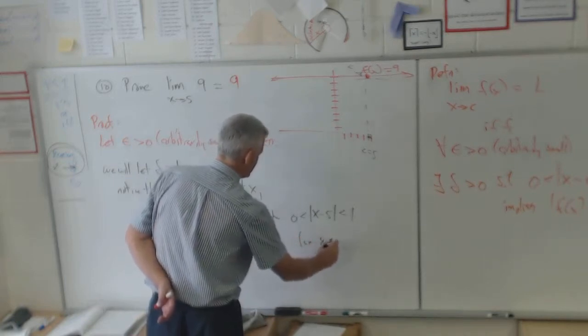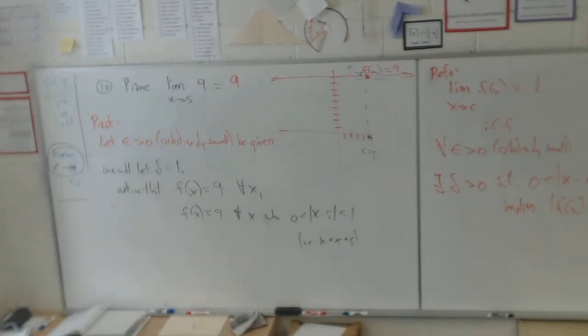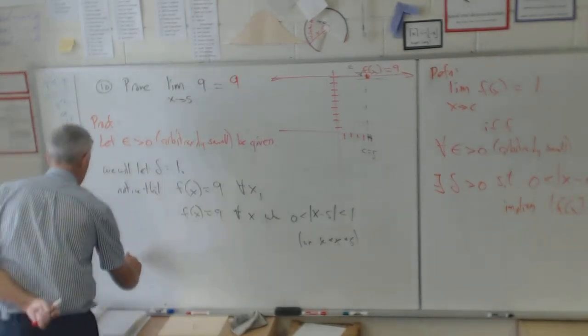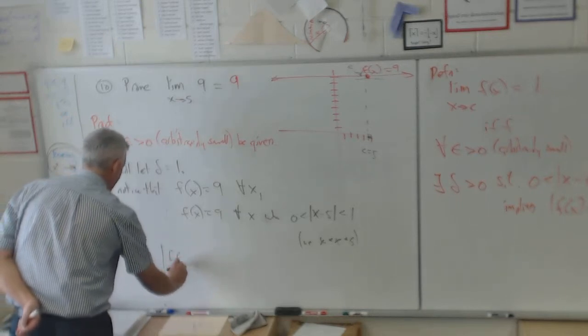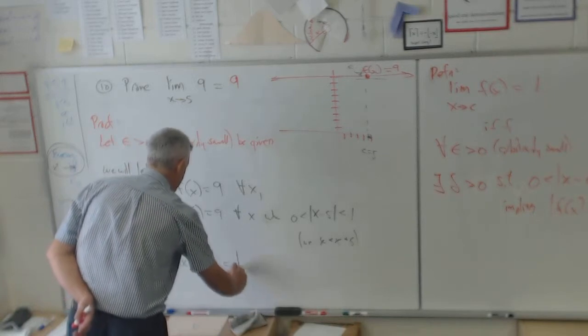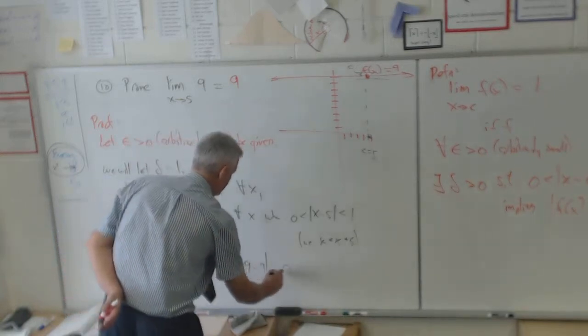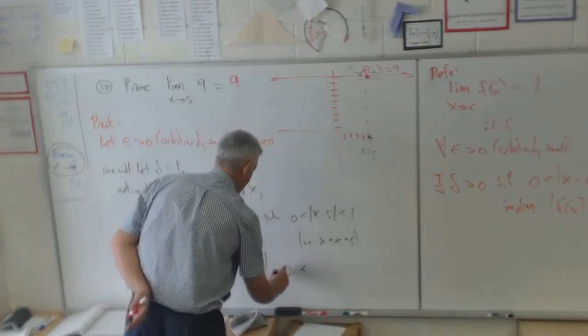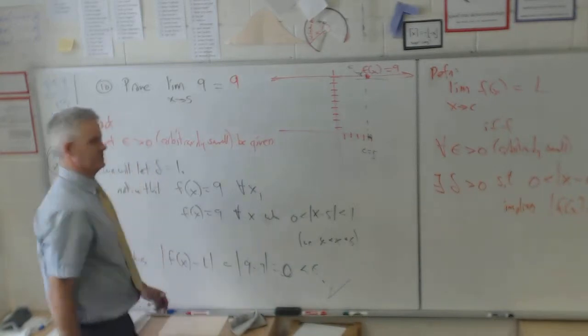In other words, between 4 and 6. Thus, f of x minus L is 9 minus 9, which is 0, which is less than epsilon.